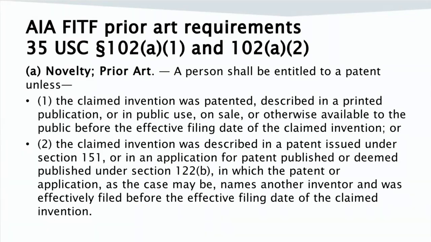Under 102(a)(2), the effectively filed prior art date can be the actual filing date of the application that issued as the U.S. patent or published as the application publication. If the 102(a)(2) reference includes any domestic benefit or foreign priority claim to a prior application, the effectively filed prior art date can be the filing date of such a prior application, domestic or foreign.